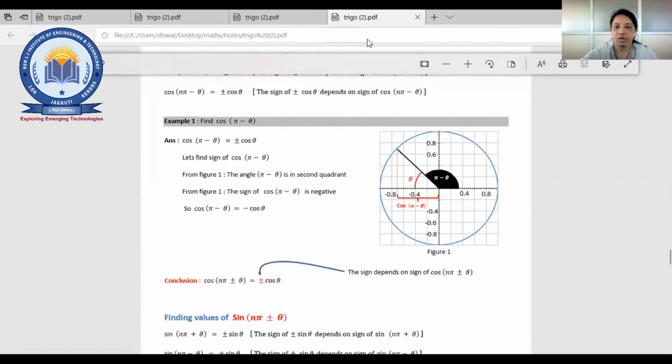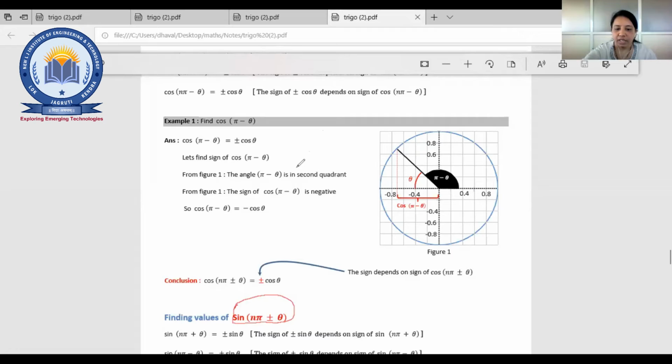Instead of cos pi minus theta, I want the answer for sine n pi plus or minus theta. Any one student? Just think for a few seconds and raise your hand. Sine n pi plus or minus theta. Just compare it with the previous one, right?